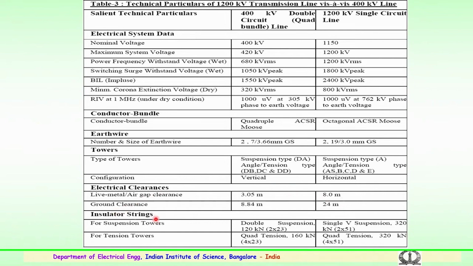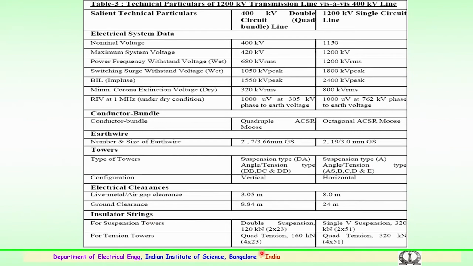So, the ground clearances are very important. For 400 kV towers, the ground clearance is 8.84 meters, the minimum ground clearance to be employed, and in case of 1200 kV towers the minimum distance is 24 meters, around 75 feet is the minimum requirement for 1200 kV. So, very important point.